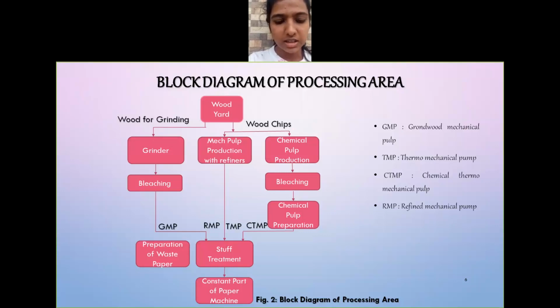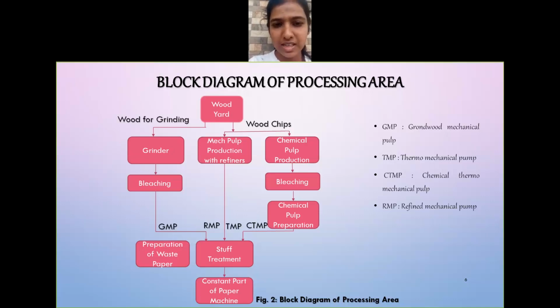Mechanical pulp production: in this method, the wood is mechanically ground into fine pieces. In chemical pulp production, the wood pieces are heated in the presence of a chemical liquid such as hydrogen sulfide, sodium sulfate liquid. Then bleaching is necessary to obtain opacity, strength, and ink receptivity.